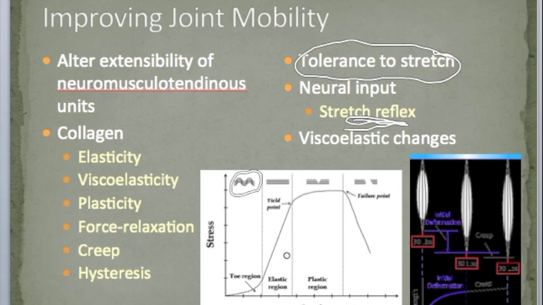In the toe region, everything's kind of relaxed and you're just stretching it to the point where everything's lined up. So remember, you have your actin and myosin that are overlapping. I'm not sure if I'm quite good enough to draw that on this, but we'll make an attempt. If you have your units sort of in parallel and relaxed, these are overlapping.